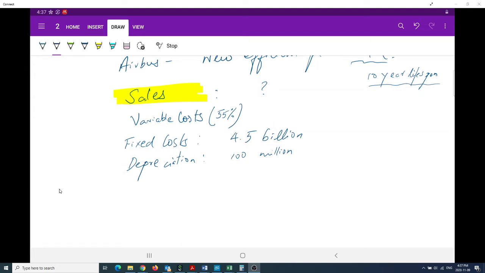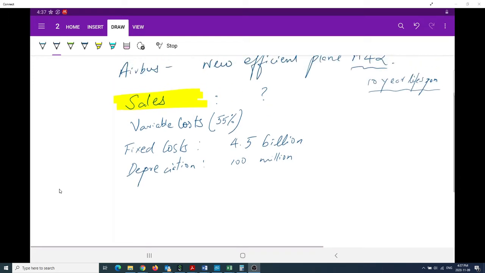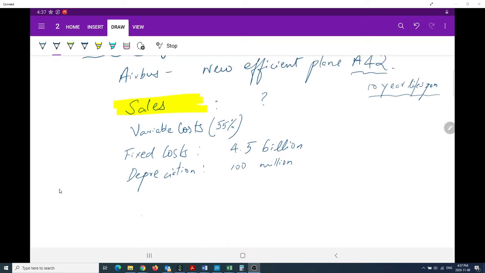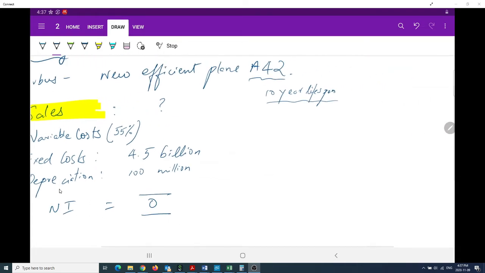Break-even analysis occurs when net income is equal to zero. That's when you break even. If you think about it in other ways, before net income, you have your earnings before interest and taxes. Let's forget interest for now. So you have earnings before taxes, and then you pay taxes, and that's how you get to net income.